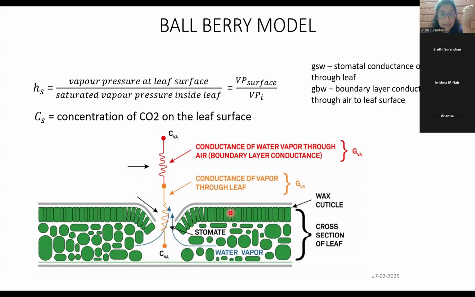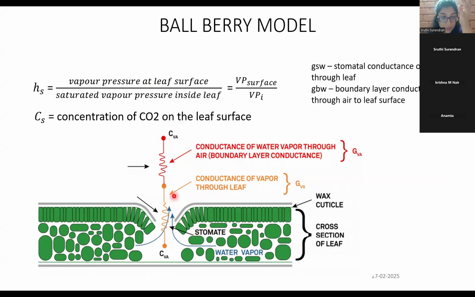So basically when we have to measure the stomatal conductance, which is the rate with which carbon dioxide and water vapor are entering the stomata, we also have to estimate what is the conductance or resistance that is offered to this water vapor.